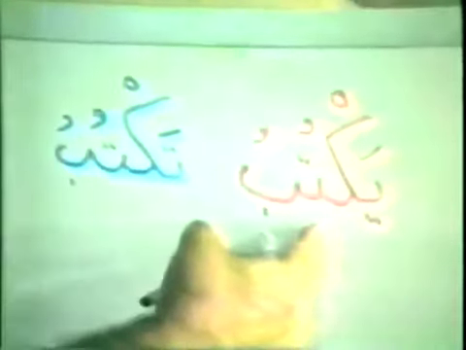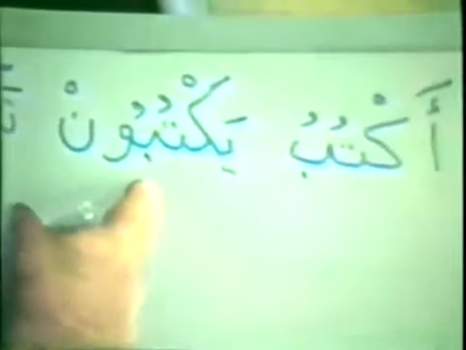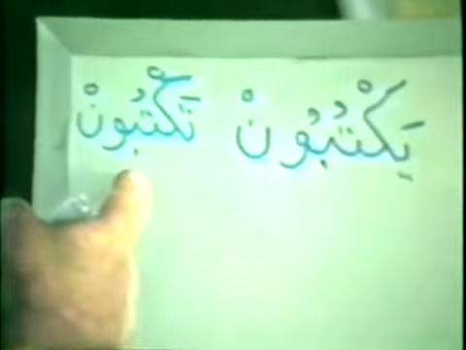تكتبون means you, plural, write. So here is the root word كتب. He writes يكتب. She writes تكتب. Or you write singular will be تكتب. I write would be أكتب. They write would be يكتبون. You, plural, write will be تكتبون.